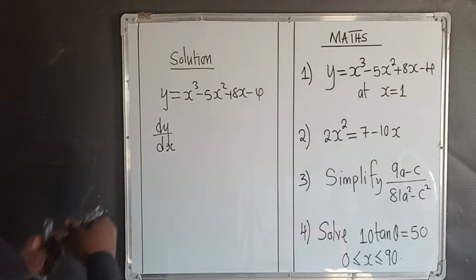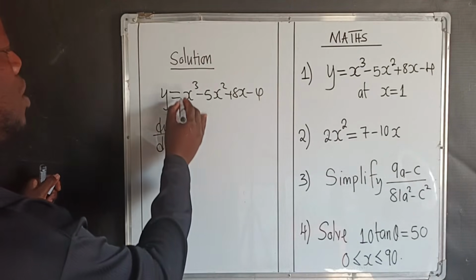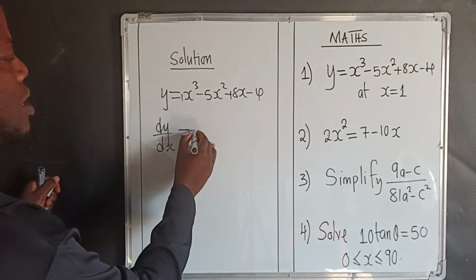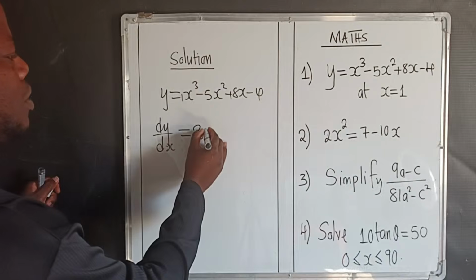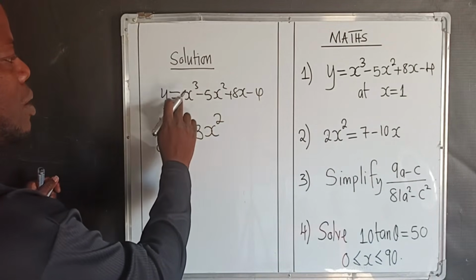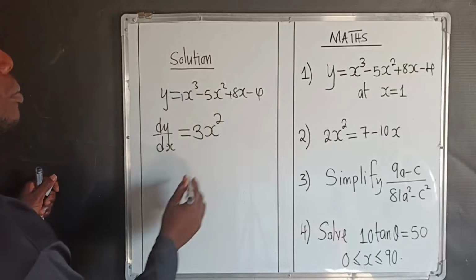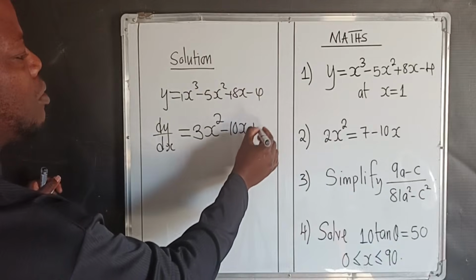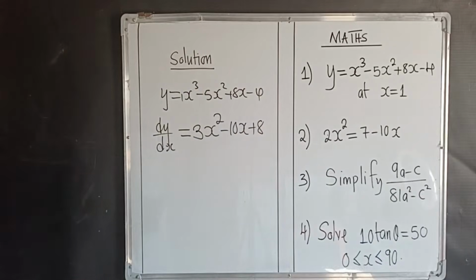So dy dx is equal to, there is a 1 here. So you get the power multiplied by the number in front. So 3 times 1, it's a 3. You write x, here power 2. Because after multiplying, you subtract a 1 from the power. Here it will be 10x power 1 plus 8. So that's a derivative of that function or equation right over there.